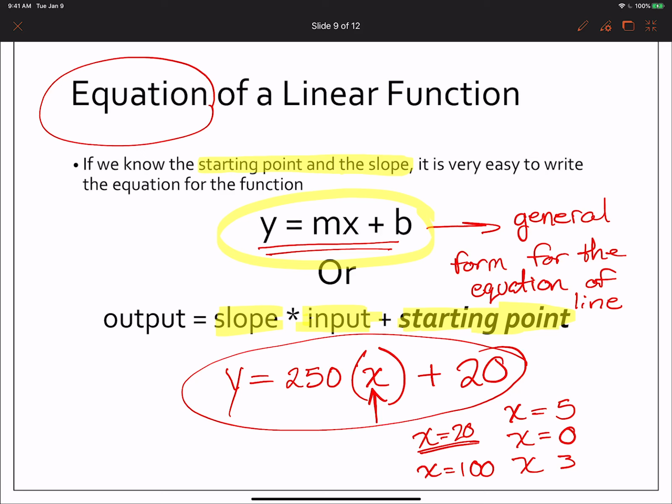If you had this equation, you could find out what you would make for any amount of whatever it is that you're selling. So that's what it lets us do. It lets us find outputs for any input that we choose. We could pick 2,000, right? And we would still be able to find the output if we sold 2,000 shoes.